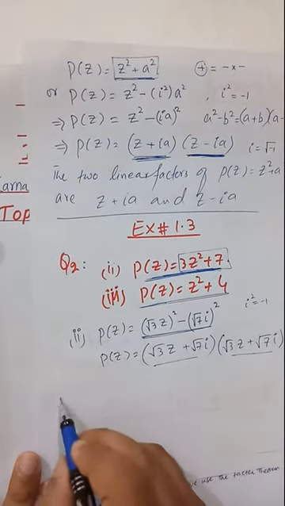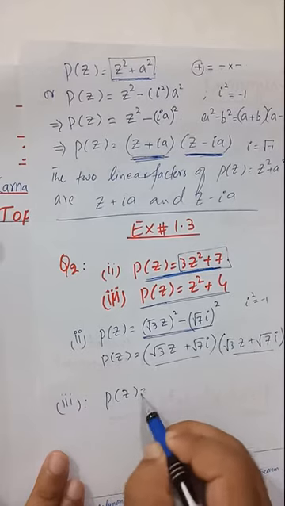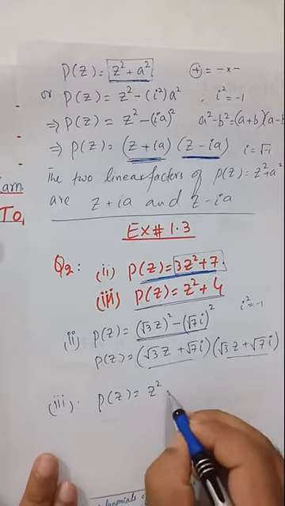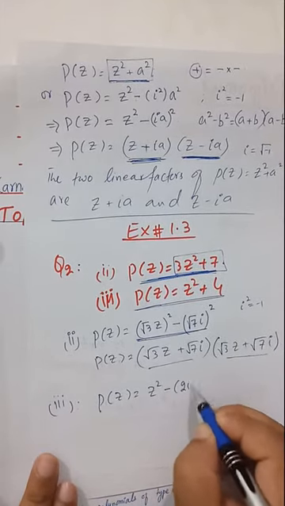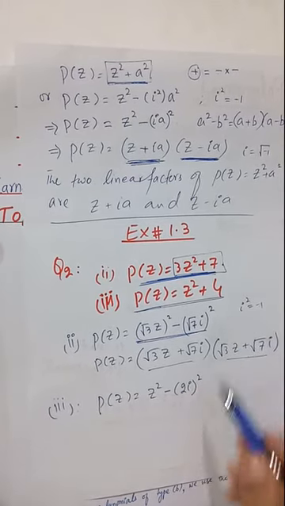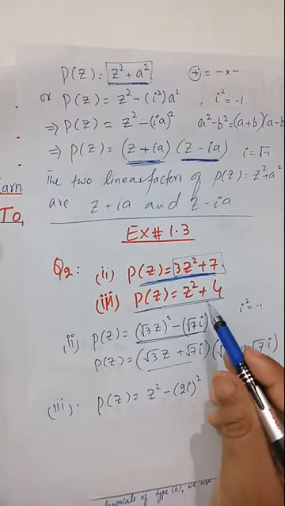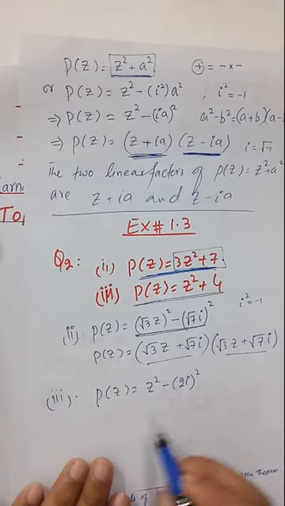Now if you see part number 3, p of z is equal to z square plus 4. This can be written as 2 iota whole square, because 2 square is equal to 4 and iota square is equal to -1. So -1 multiplied by 1, you will get +4. So you will use the a square minus b square formula.